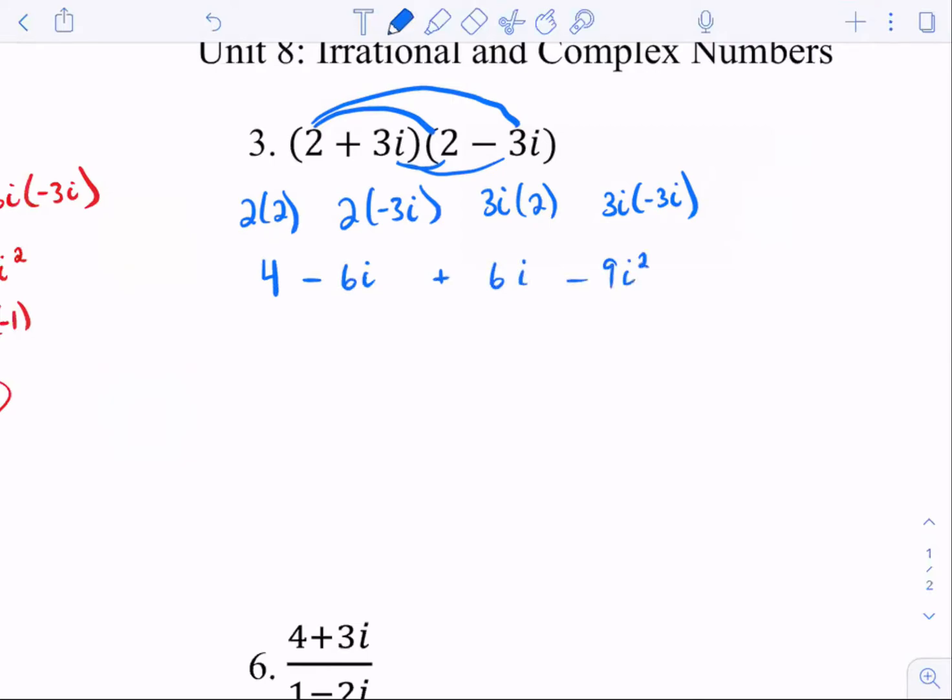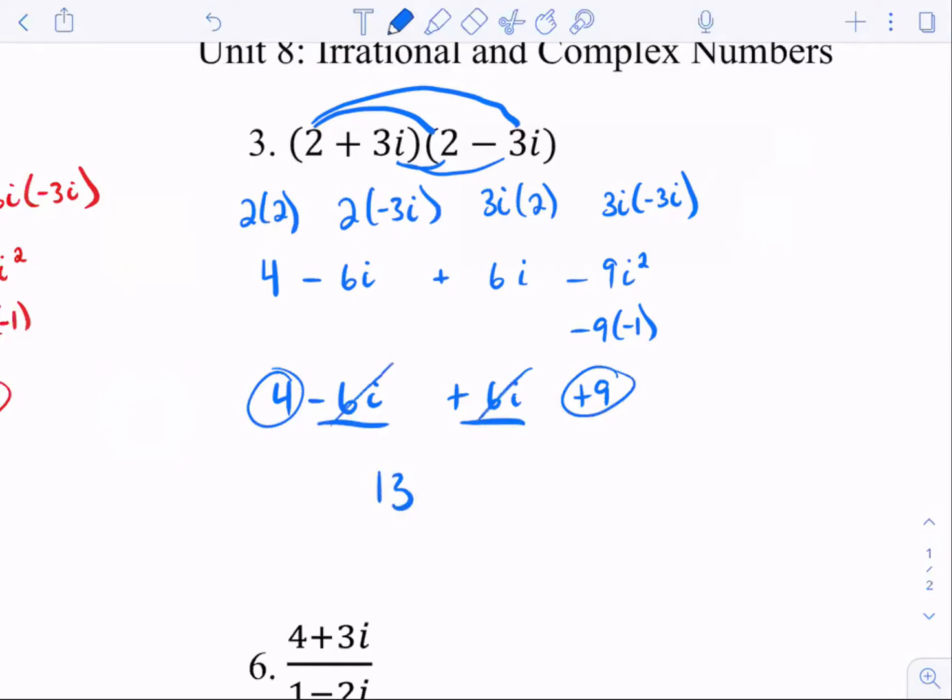So look what happens here. This is times negative 1, so this becomes plus 9. When I combine these, 4 plus 9 is 13, but a negative 6i and a positive 6i actually cancel out, and I'm just left with 13.